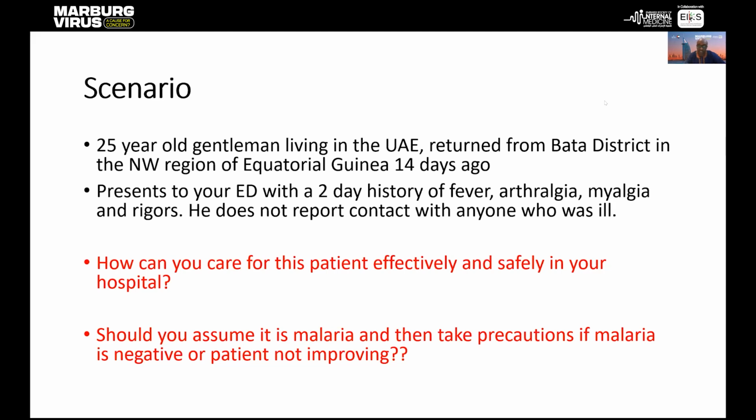Are you going to manage this patient as potential Marburg, or are you going to assume it's malaria, investigate, treat, and if they don't get better, then start ruling out Marburg? And the answer is no. You manage this patient as a suspected case of Marburg viral disease, and you may end up treating them for malaria, but you do not treat for malaria first and then later on expose people, and only after that start excluding malaria.